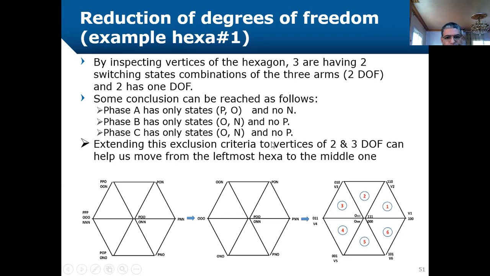Look, we can extend this exclusion criteria to vertices with 2 and 3 degrees of freedom. This helps us move from the leftmost hexa to the middle one. This is the point at which we stand now. Now we want to move forward to more simplification.